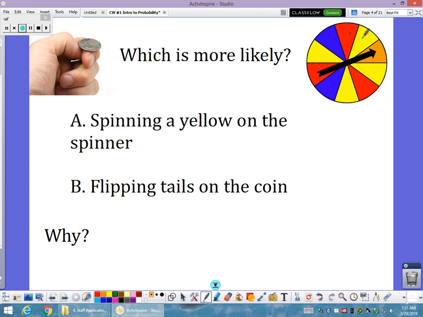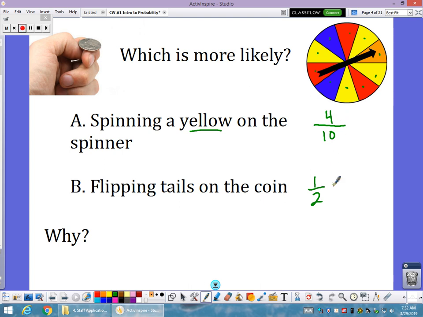Let's count: 1, 2, 3, 4, 5, 6, 7, 8, 9, 10. Looks like there are 10 total options on the spinner. So the total number of options we have is here. Spinning a yellow, there are 4 events that satisfy yellow. Flipping a tails would be 1 in 2. So which is more likely?